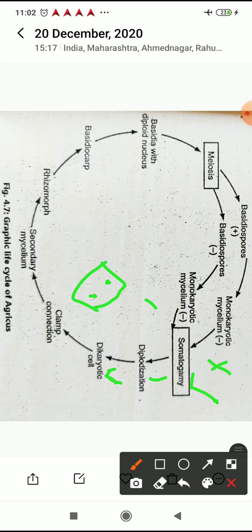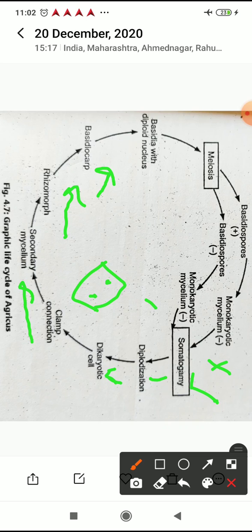Then the secondary mycelium twists and forms rhizomorph, and rhizomorph produces basidiocarp, which is the fruiting body that comes above the soil.